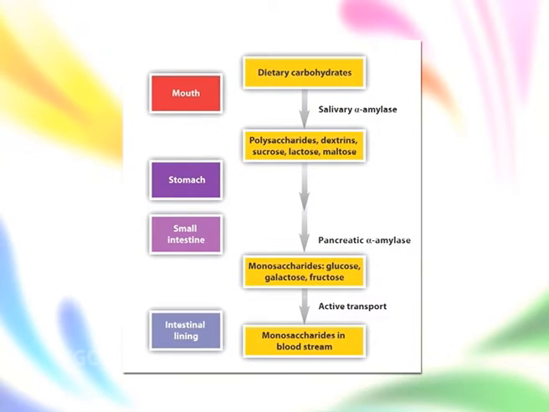The role of saliva is to moisten the food, and the first digestive enzyme that acts on food is salivary amylase, which is present in the saliva. It helps in the digestion of carbohydrates and is produced by salivary glands.